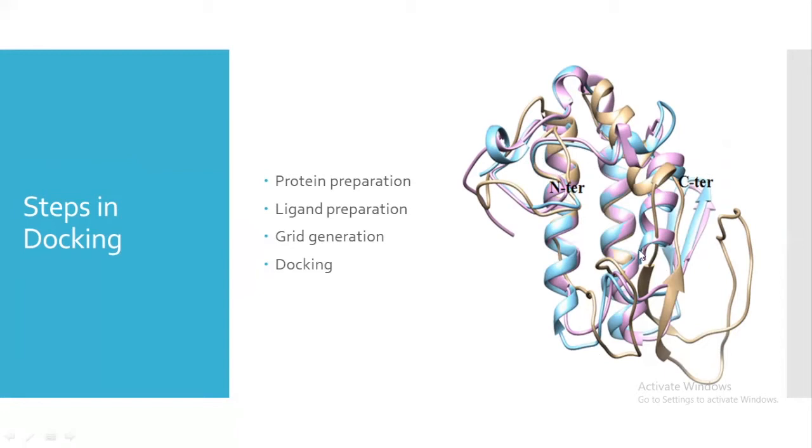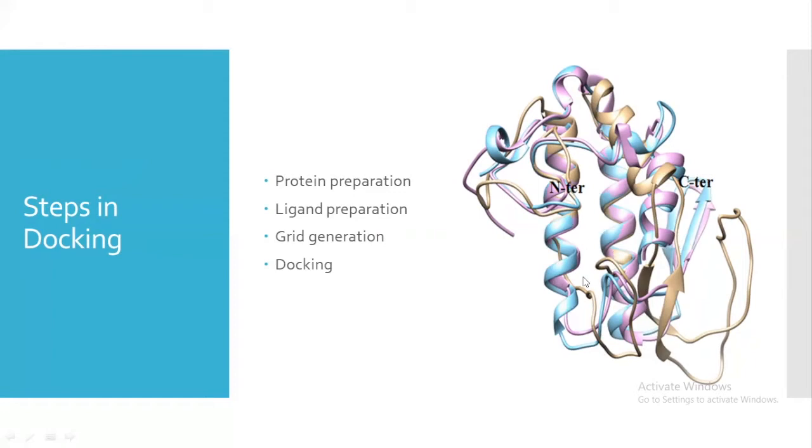Now I know that the inhibitor needs to go and bind to the substrate binding site or the cofactor binding site in order to inhibit the activity of the enzyme. So when I'm doing molecular docking, I will choose this particular site, the substrate binding site, as the pocket where the ligand should go and bind.